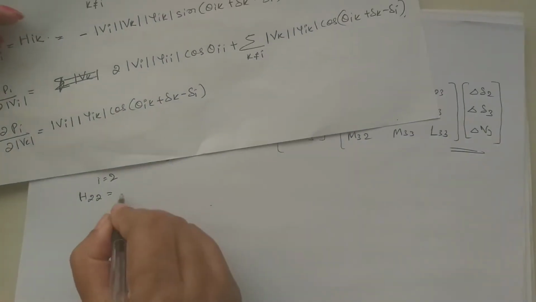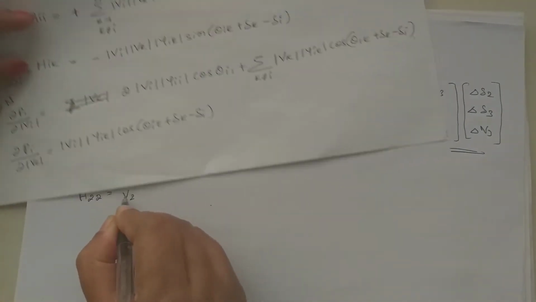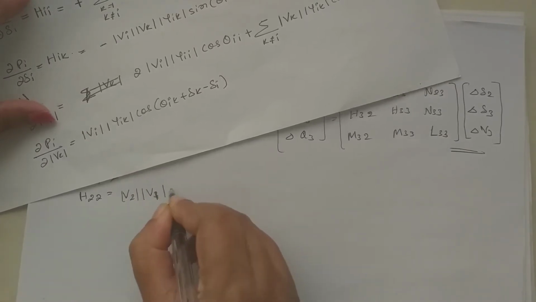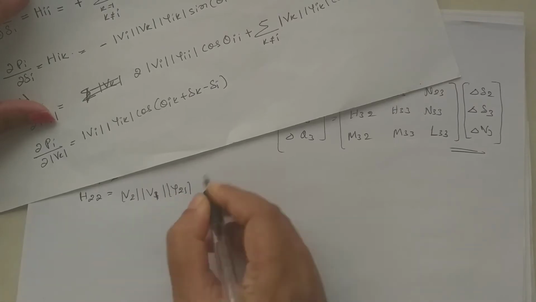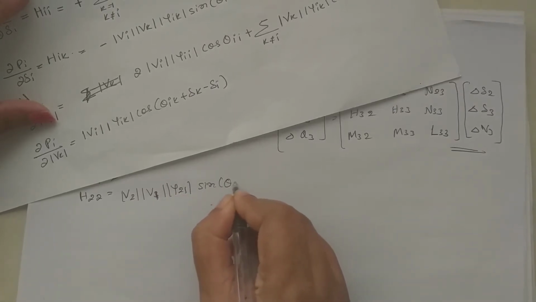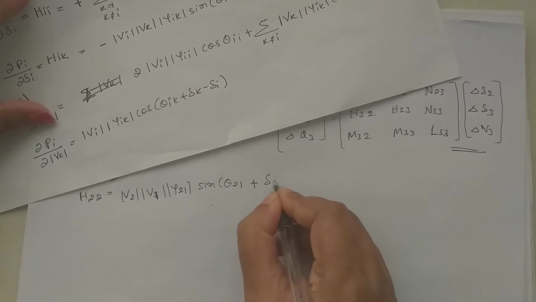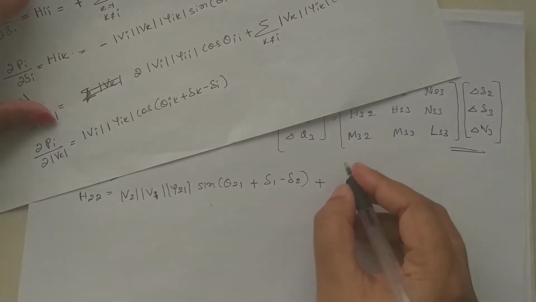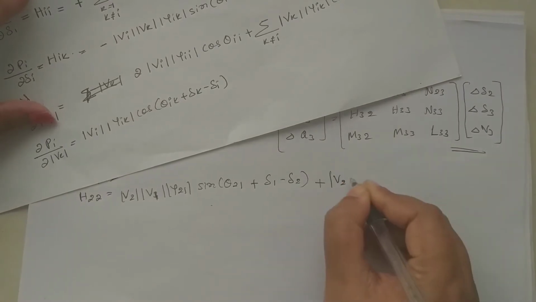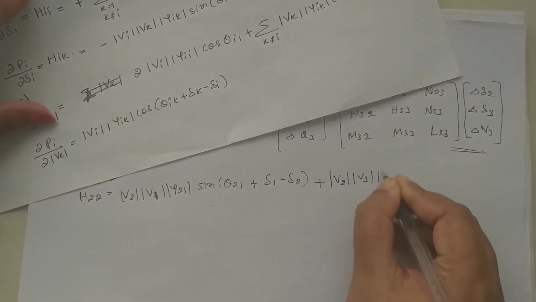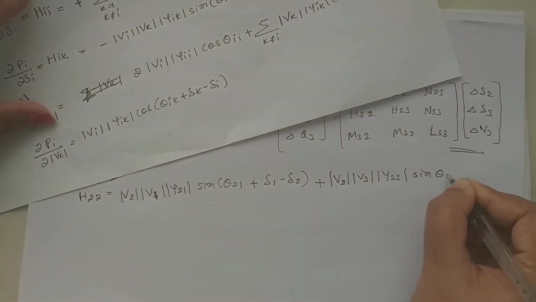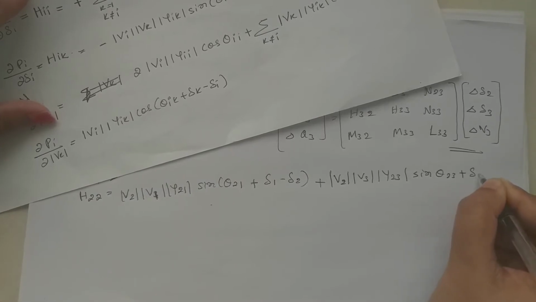So we get V2 V1 Y21 sin theta 21 plus delta 1 minus delta 2, plus V2 V3 Y23 sin theta 23 plus delta 3 minus delta 2.